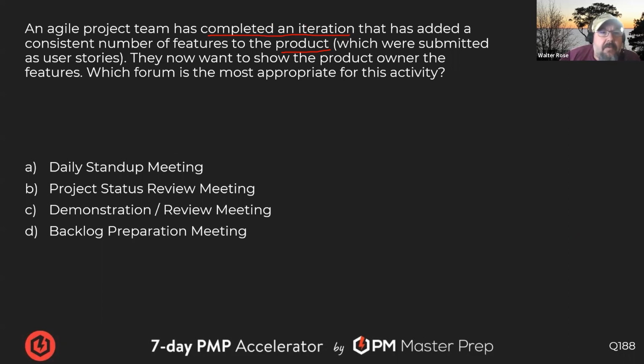The project status review meeting, I'm not going to get rid of that one just yet. The demonstration review meeting, I'm going to hold on to that one. And the backlog preparation meeting, I'm going to get rid of that one. So to me, it makes the most sense that we would do this in the demonstration and review meeting. So I will go with C.